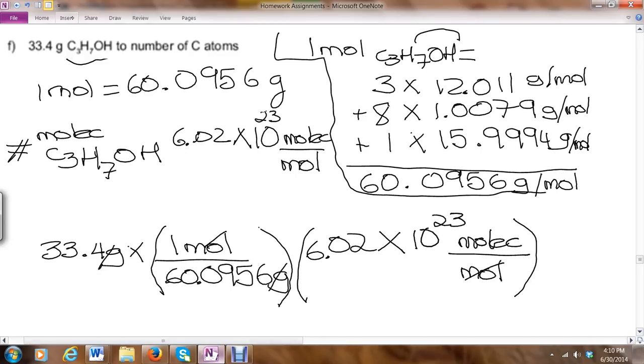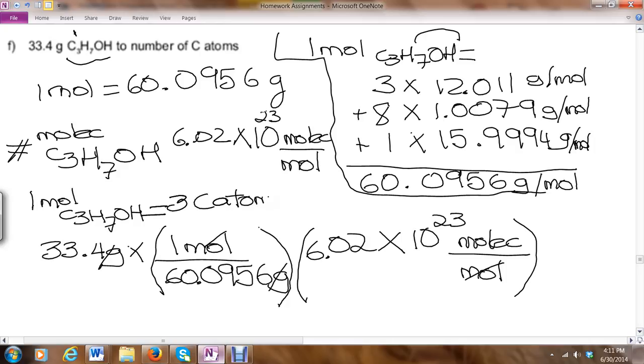How many carbons do you have here? 3 carbons per molecule. So 1 molecule of propanol is going to give you 3 carbon atoms.